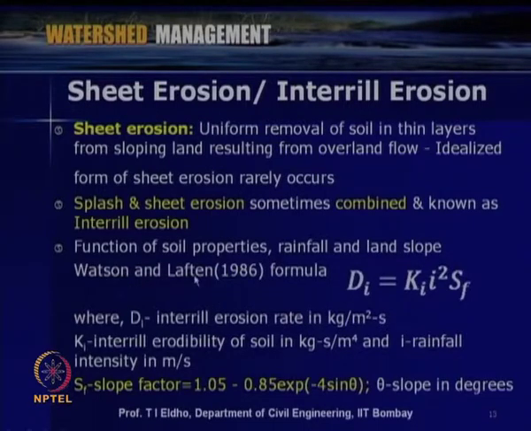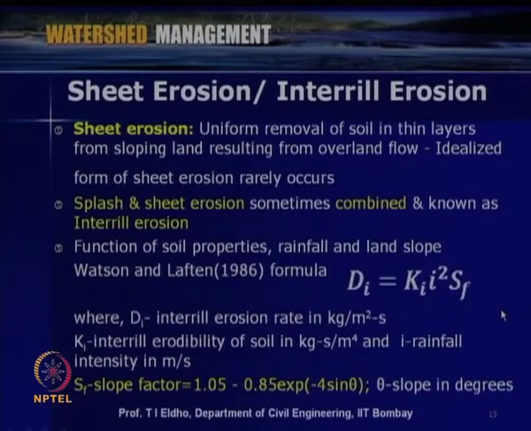Watson and Laflen derived an equation as shown here, Di is equal to K I square SF, where Di is the interrill erosion rate in kilogram per meter square second, K is the interrill erodibility of soil in kilogram seconds per meter to the power 4, and I is the rainfall intensity in meter per second. Here SF is the slope factor, which is defined as 1.05 minus 0.85 exponent minus 4 sin theta, where theta is the slope in degrees.